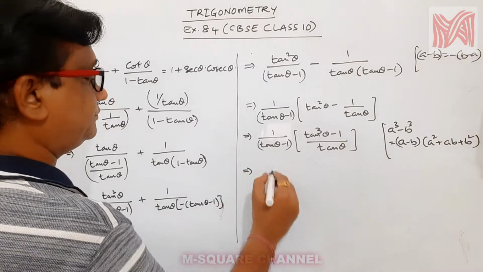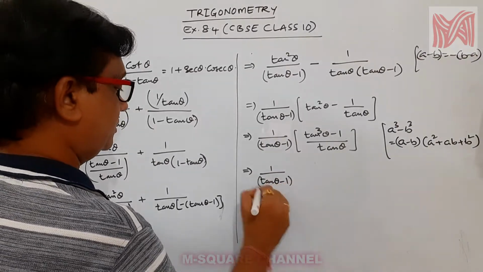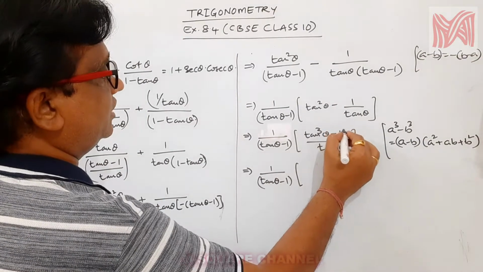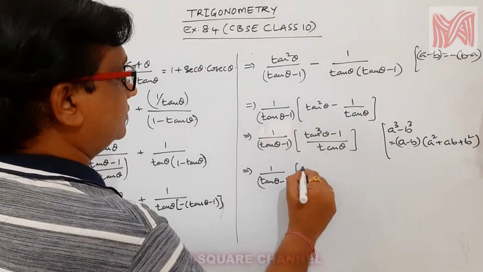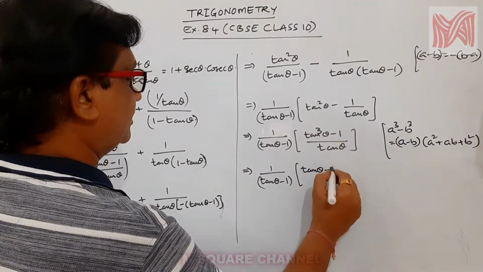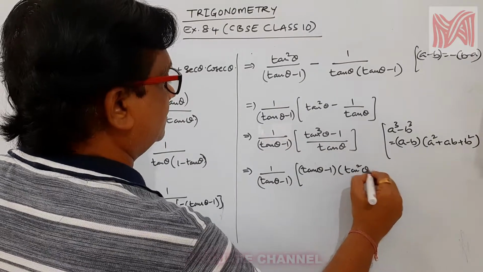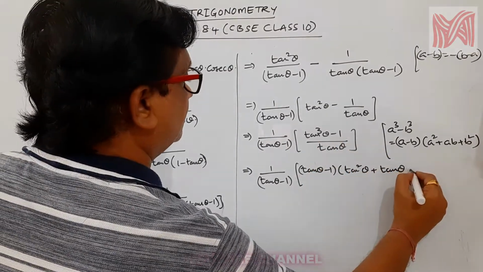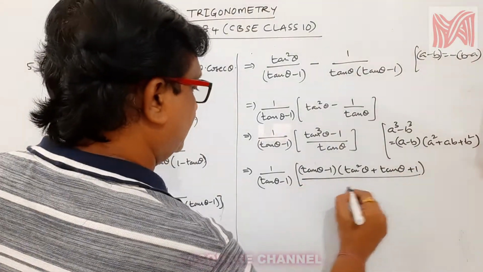So here, 1 by (tan theta minus 1) into this a cube minus b cube; tan theta is a and 1 cube means 1 only, that's why 1 cube. So (tan theta minus 1) into (tan squared theta, because a squared, plus ab, 1 into tan theta, plus b squared, 1 squared by tan theta).